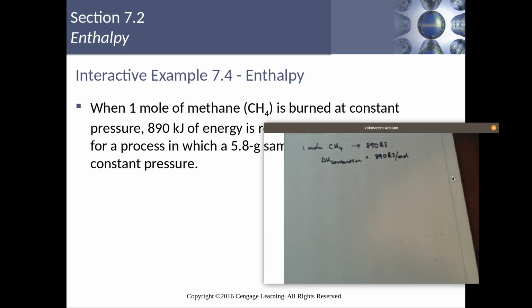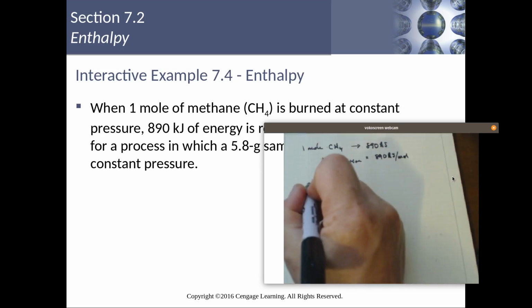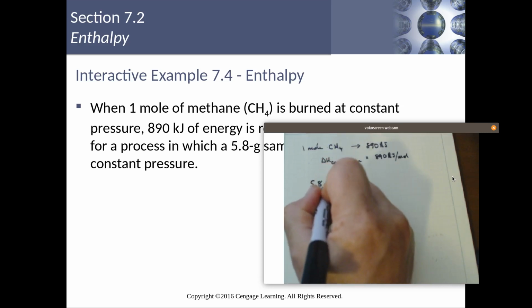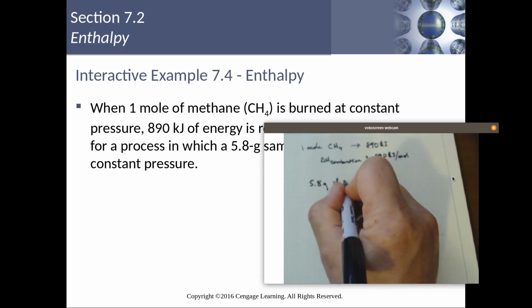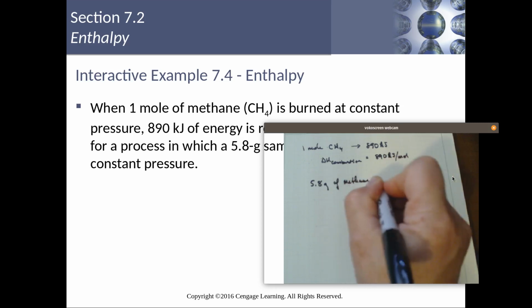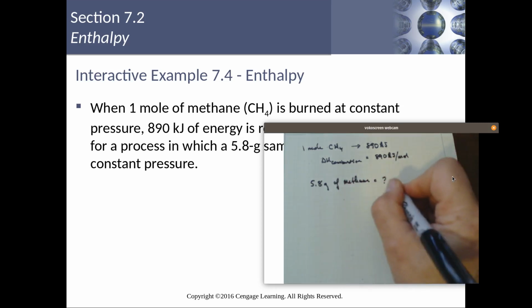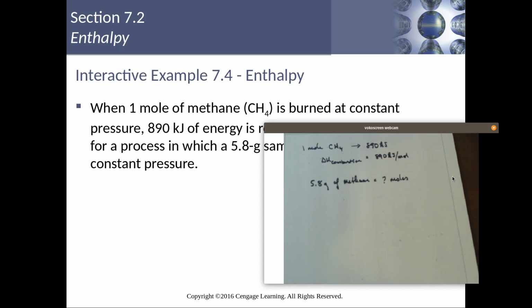So now it becomes a simple problem. How many moles are in 5.8 grams of methane? Well, I need to figure that out.